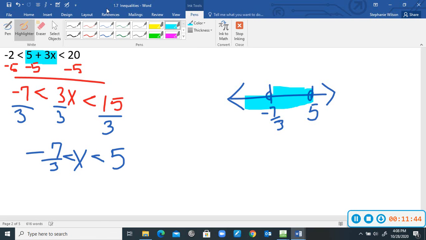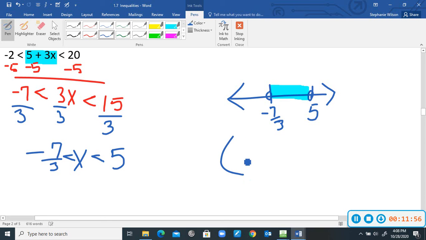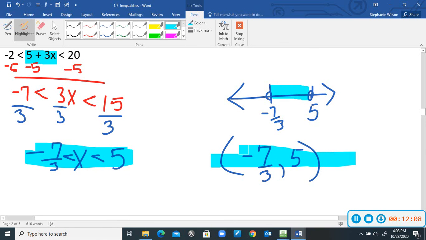Let me erase this. There you go. And now I can write my interval notation. It's parenthesis -7/3, comma, 5, parenthesis. So I got my set, my interval notation, and my number line.